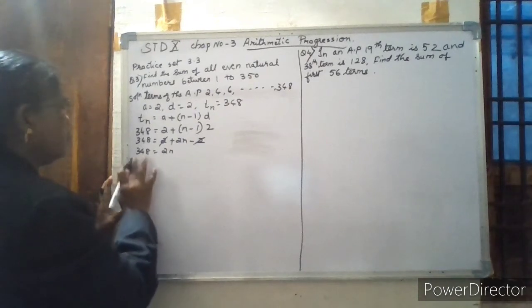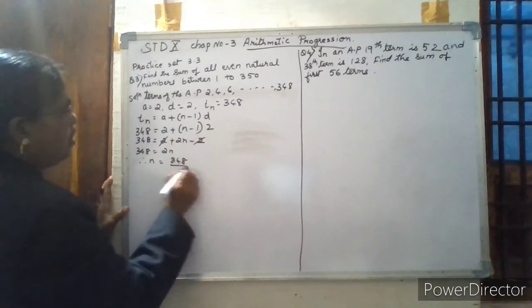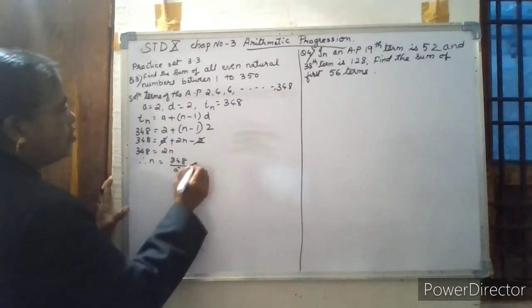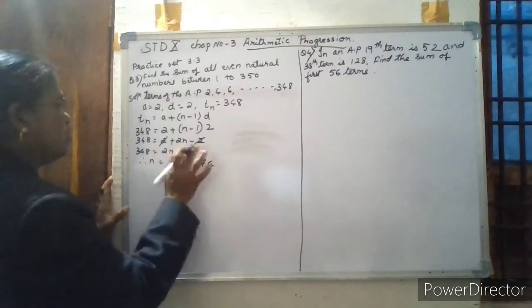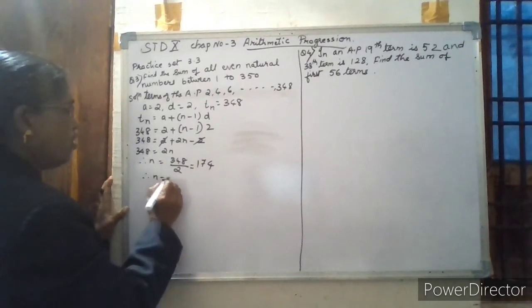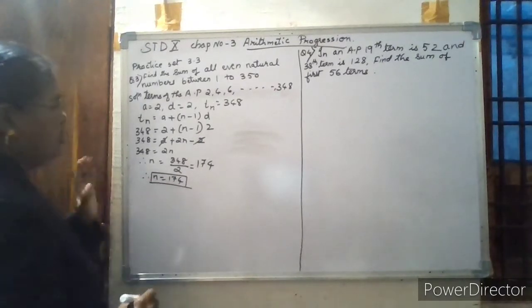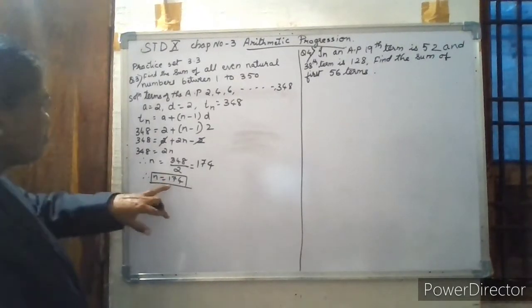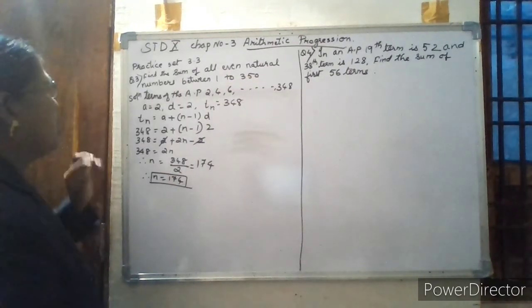Therefore n is equal to 348 divided by 2, which is 174. That means we have got 174 terms in this AP.